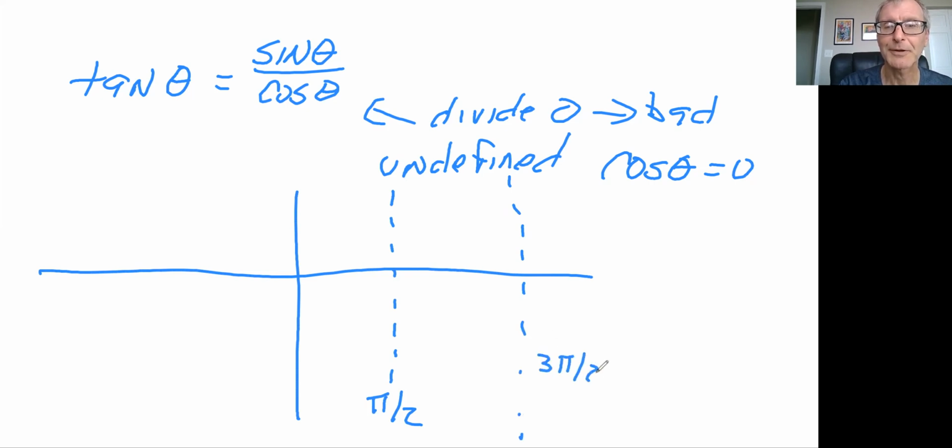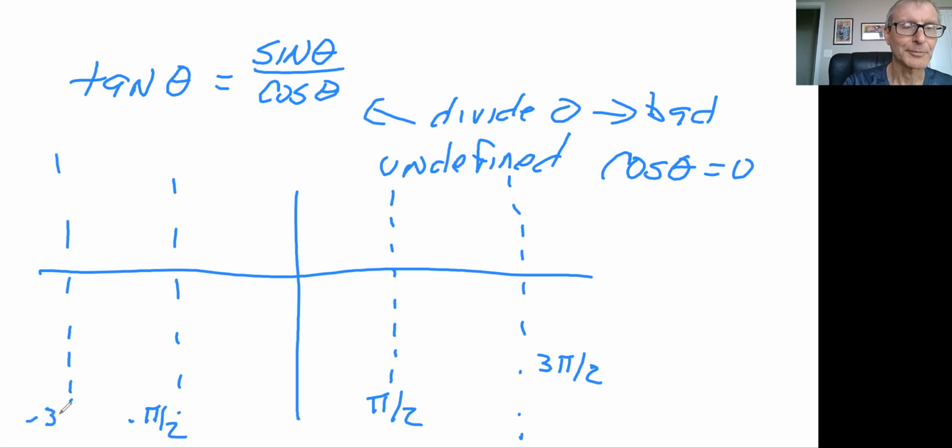And watch if we go the other way, if we go negative, it would be minus pi over 2 and minus 3 pi over 2. Remember, what do these angles, negative and positive, mean? Around the unit circle, positive is counterclockwise, and clockwise is negative.